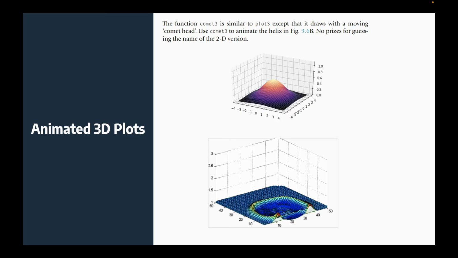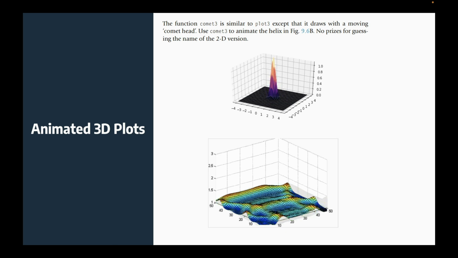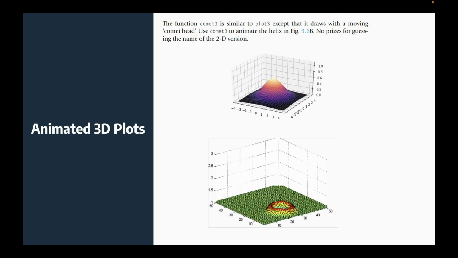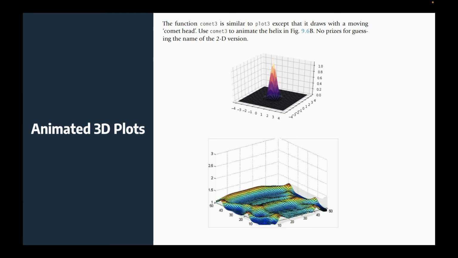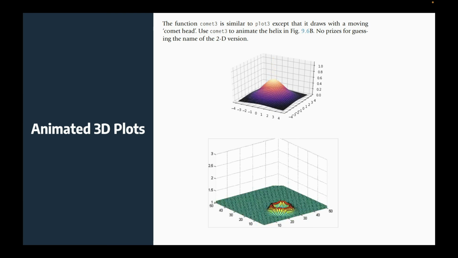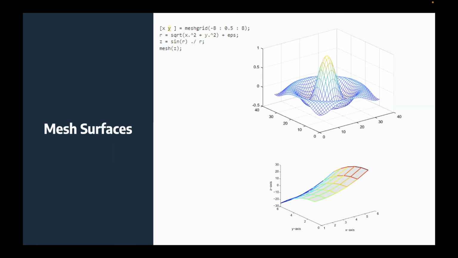Now, animated 3D plots. For animation, one of the functions we use is called comet3. So that's similar to plot3, but it creates animated graphs, if you will, in 3D. And for sure, for the 2D version, there is a comet function that you can use for 2D animation.